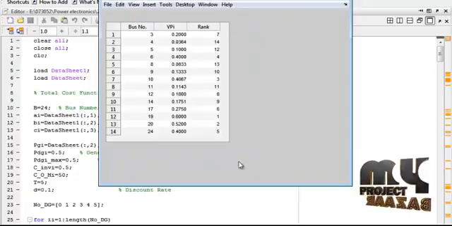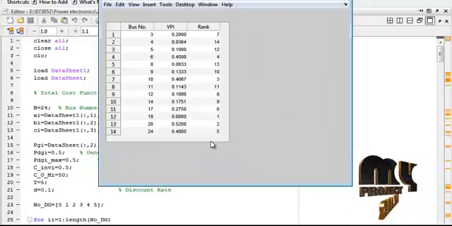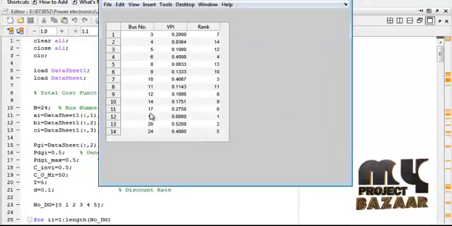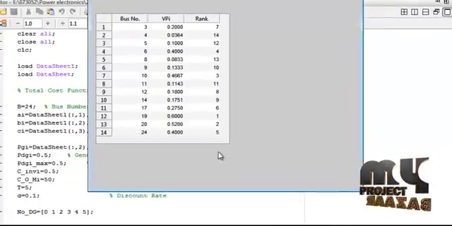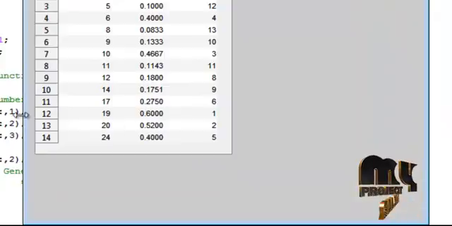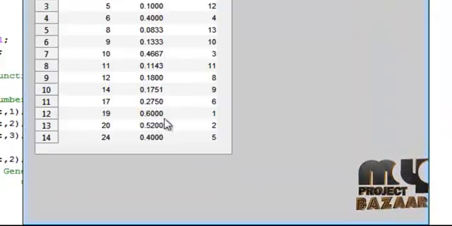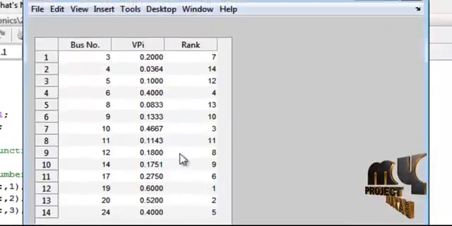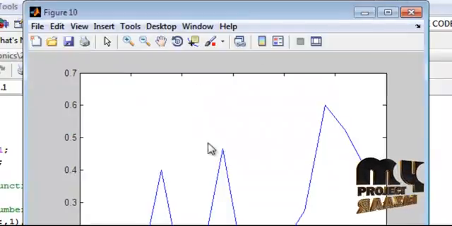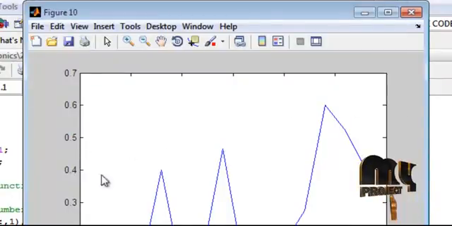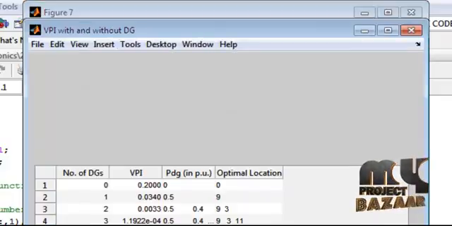And then these are the VPI values ranking load buses with DG placement. So which bus gets more voltage power? 0.6 is a very high voltage. So we are getting the ranking systems. So graphically we analyzed the output functions, the optimal locations.